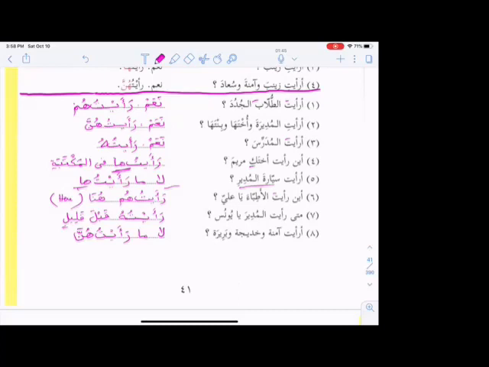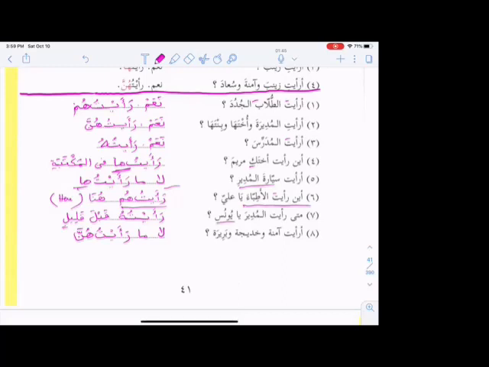Here is the next question. Aina raita al-atibba ya Ali? Where did you see the doctors, ya Ali? Raituhum huna, here. Or you can say raituhum fi souk, in the market. Or raituhum fil masjid. Fine. Mata raita al-mudira ya Yunus?